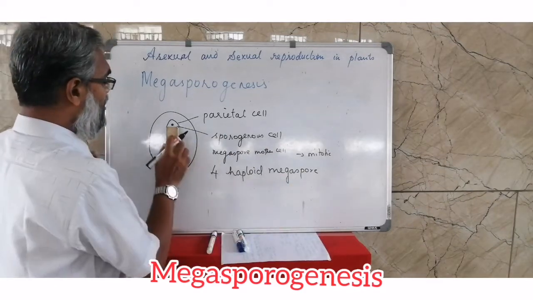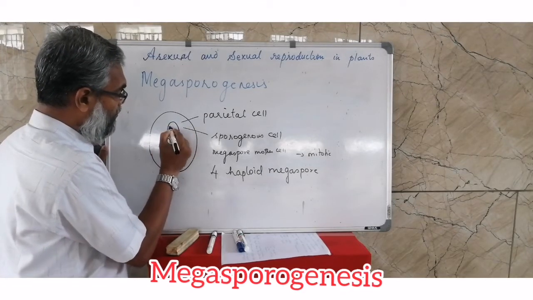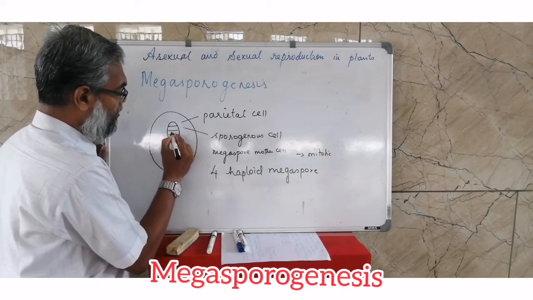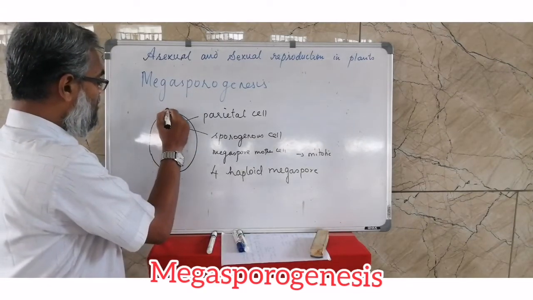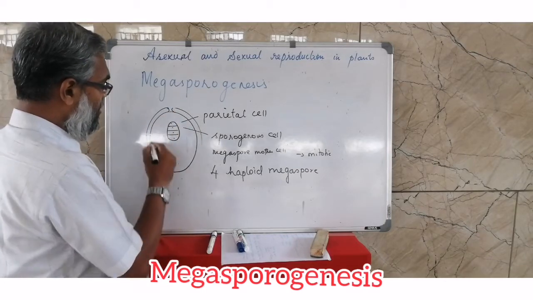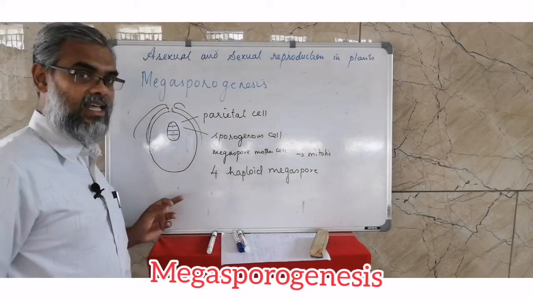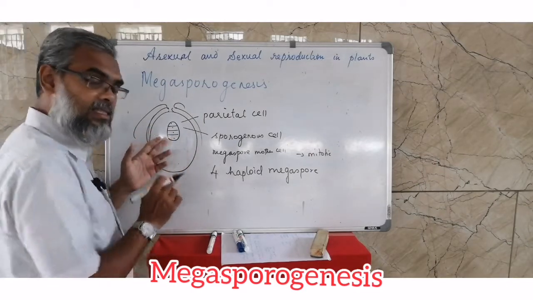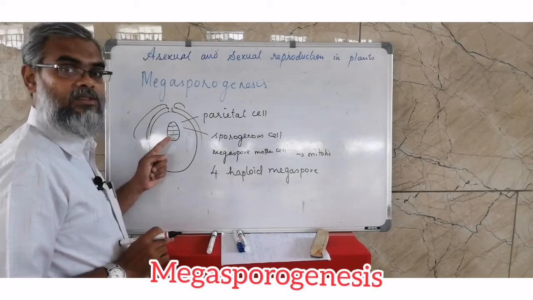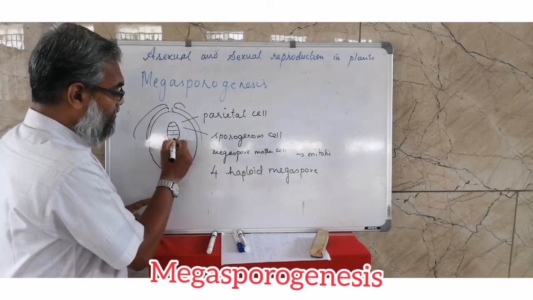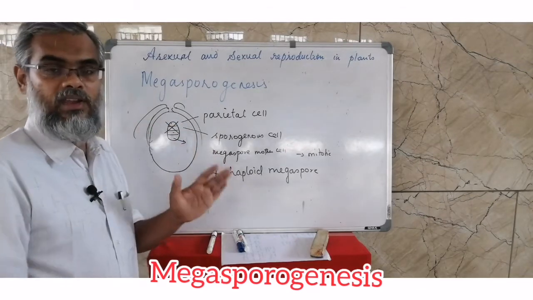So what happens here, you imagine. This cell will elongate and 4 cells are formed. You imagine that this is the micropylar end, this is the integuments and this is the micropylar end. This is the chalazal end. So the cell which is towards the chalaza will become functional, and the other 3 will degenerate.